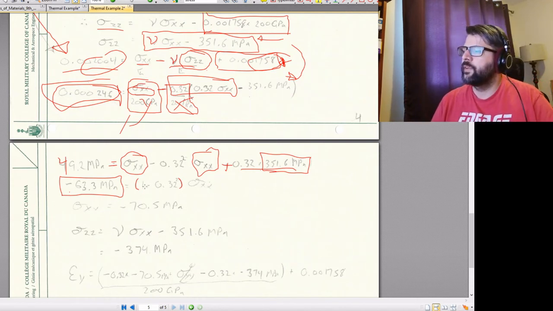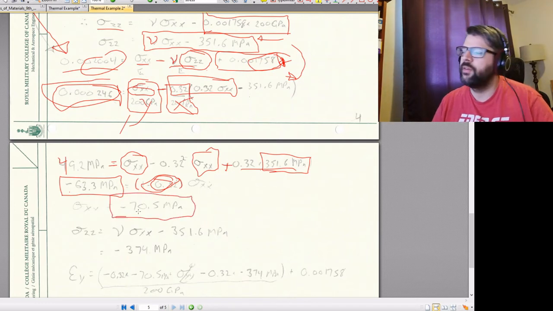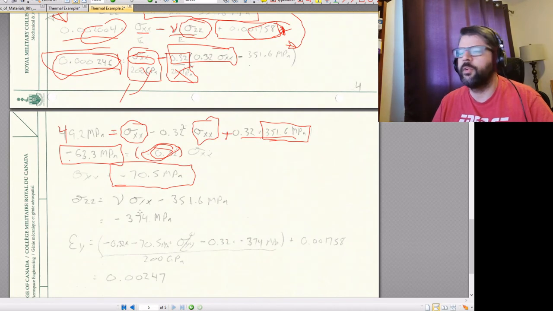Solving for sigma xx by dividing by this term, which I think ends up being like 0.89 something, gives us our sigma xx, which is negative 70.5 MPa.